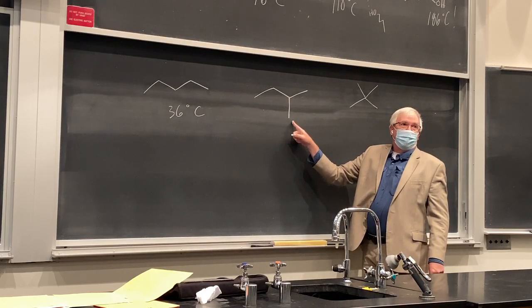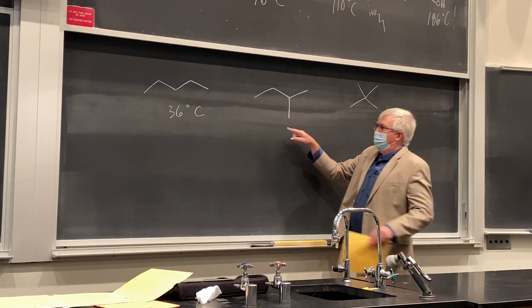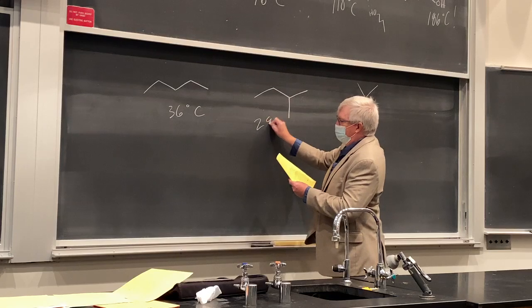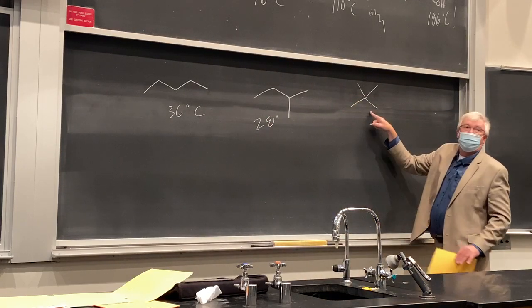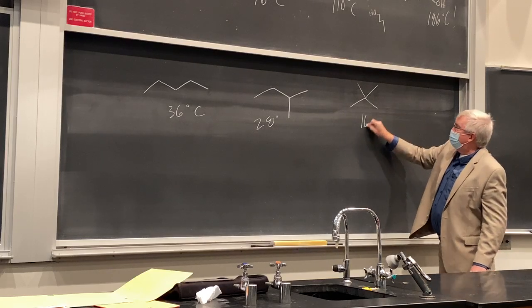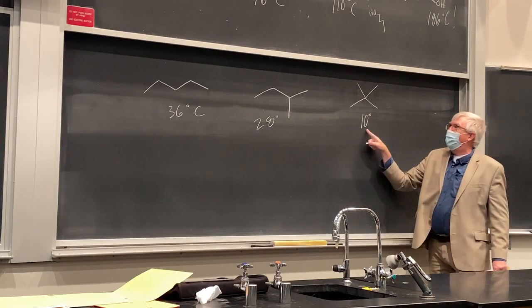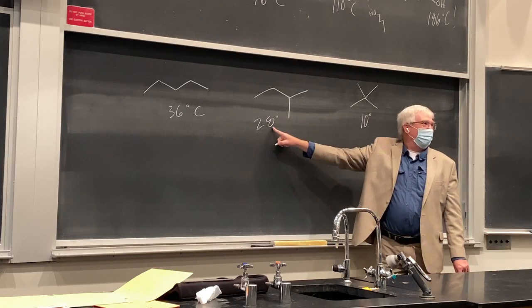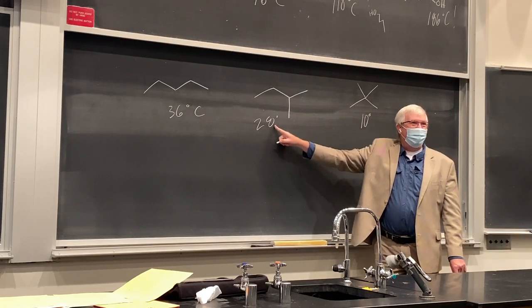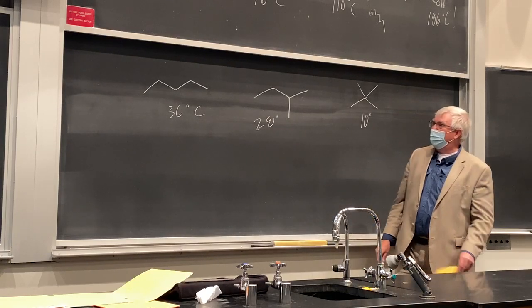So what would you say, lower or higher boiling point? A little bit lower, 28, not much. Okay. And what about this one? Yeah, lower still, 10 degrees. Okay, so that's a gas at room temperature. This one's real close. In Phoenix, that would be a gas. Maybe here in this room, it would be a liquid, but not very much. It wouldn't require too much more energy to get that to go.